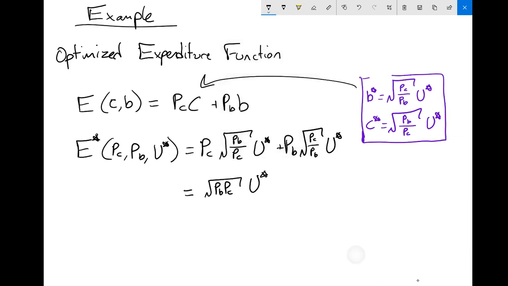U star, plus the same thing here, PC U star. So then we get 2 square root of PB PC U star. So there we have it. This is the optimized expenditure function using our example.